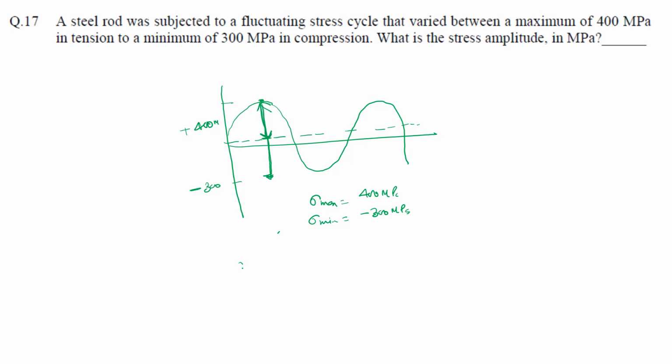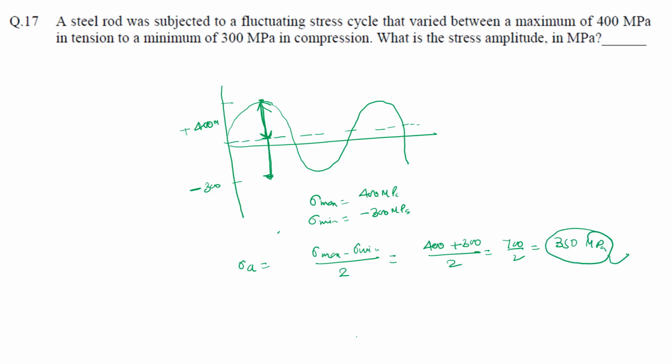That can be calculated by first calculating the range, sigma max minus sigma min, then divided by 2. 400 minus minus 300, that is 700 by 2, it is 350 MPa. Fine. Yes, clear? Okay. Now let us proceed.